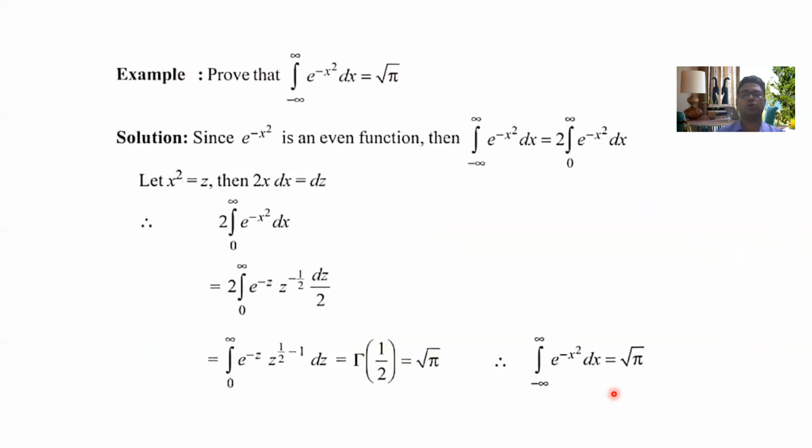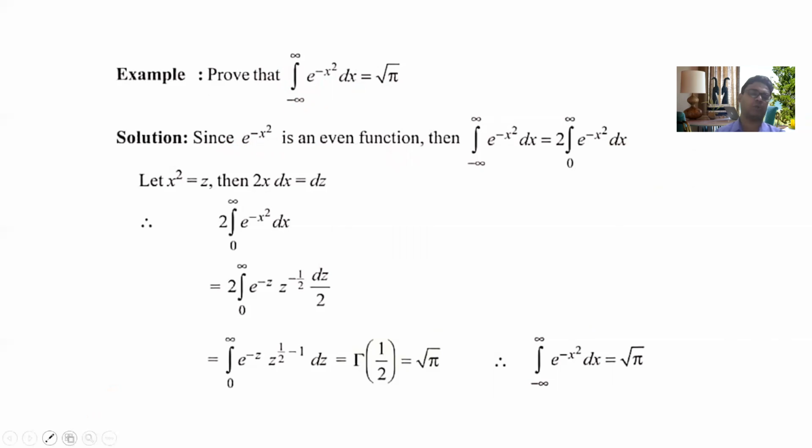Next, this is a very, very important question. This is a university question, and a similar type of question you can expect. Prove that the integral from minus infinity to infinity of e to the power minus x squared dx is equal to root pi. Since e to the power minus x square is an even function. Why?